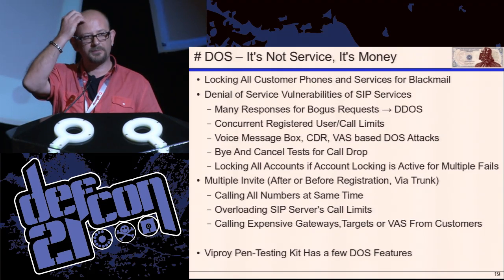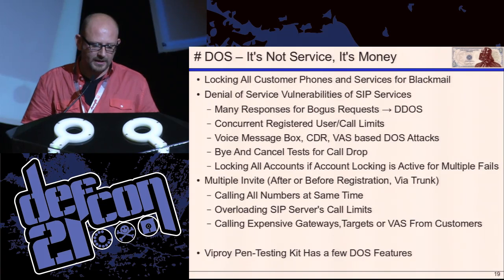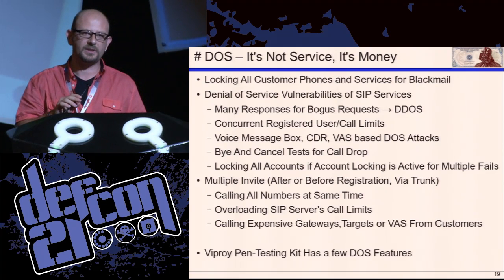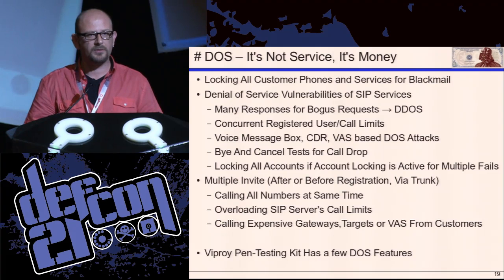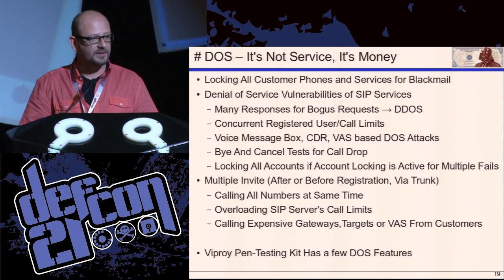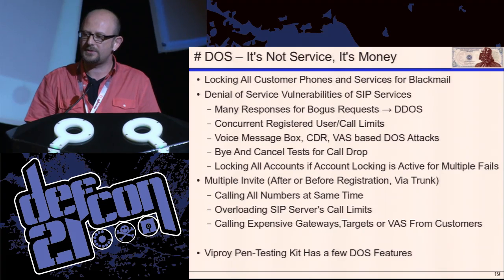Also, DoS is another important thing when we discuss SIP servers. It's not just a server, it's a business, so money is really important for them. We can attack their availability by locking all users if they have an account locking policy. Also, we can initiate many calls at the same time, so we can overflow the call limits of the server.